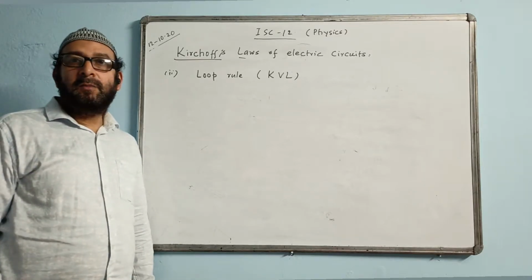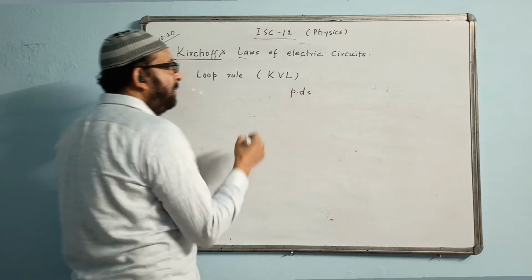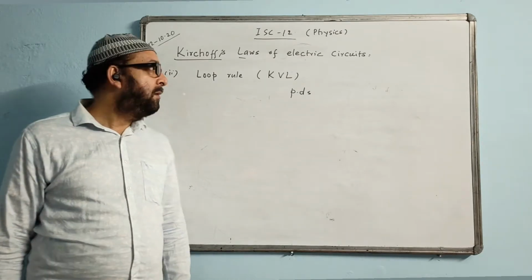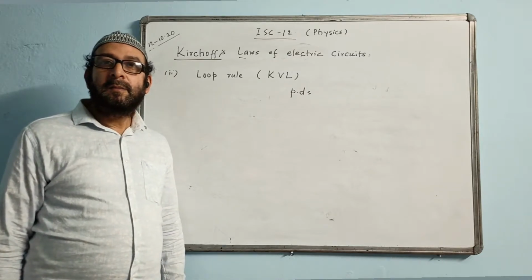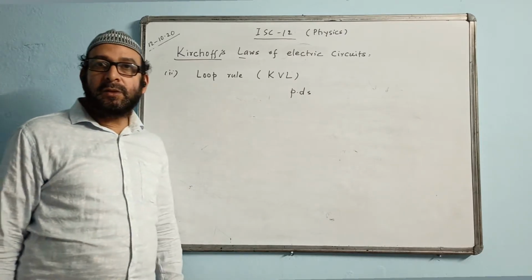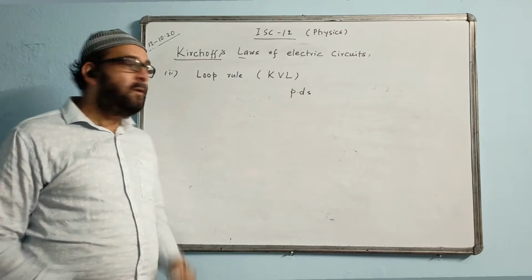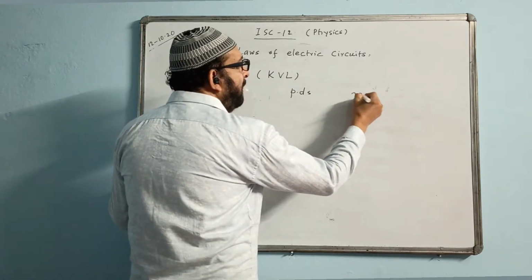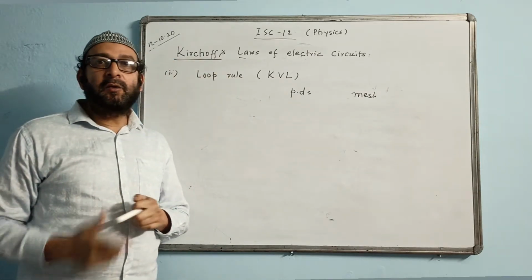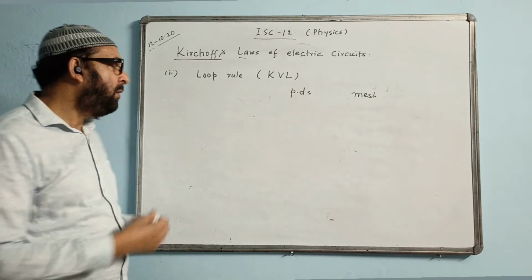It states that the algebraic sum of all potential differences, all PDs, in a closed loop or mesh in a circuit is zero.